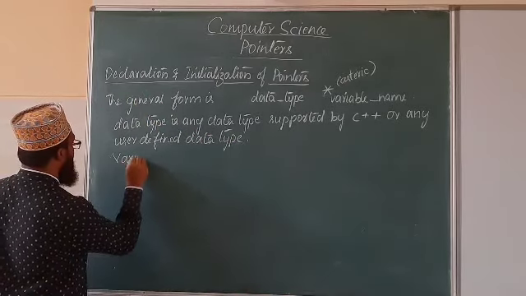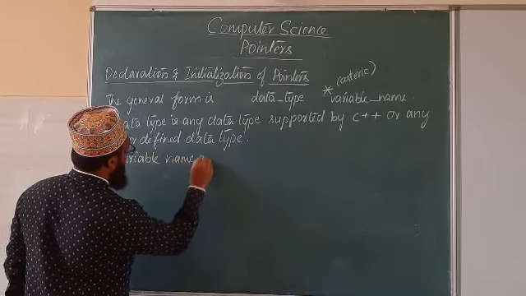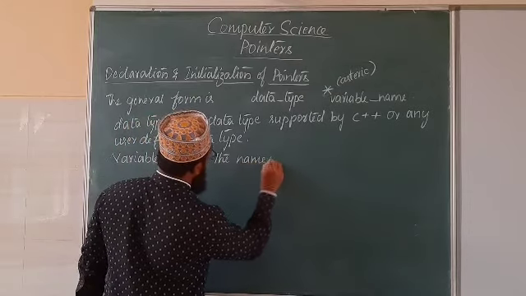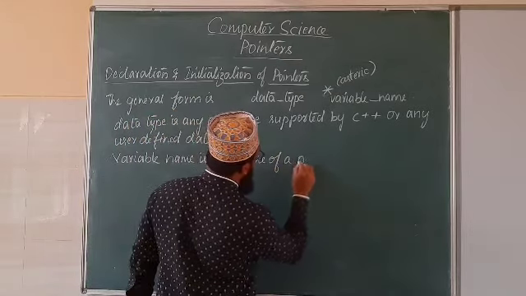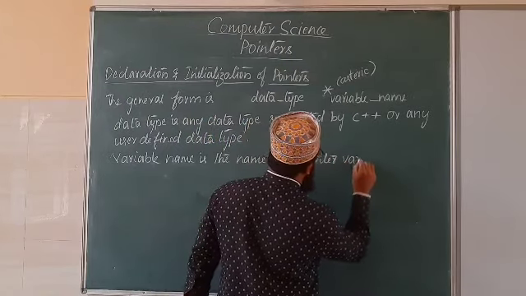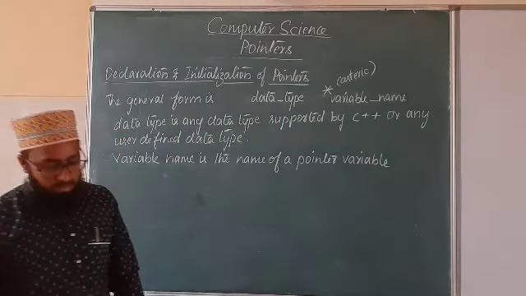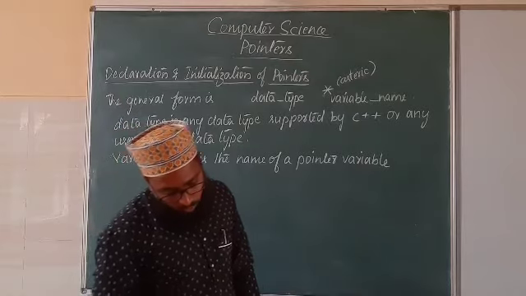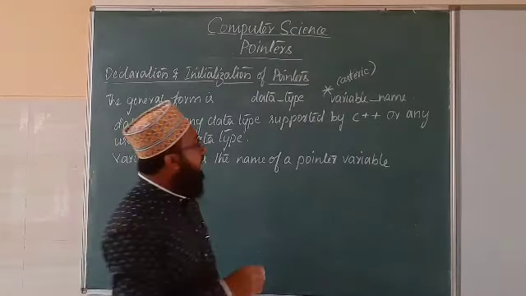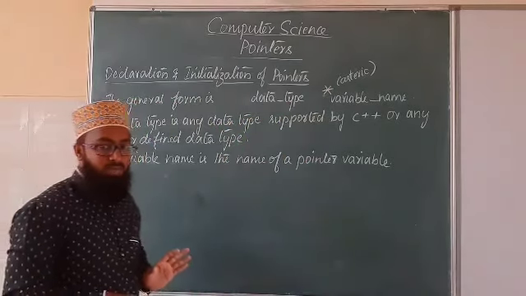Variable name is the name of a pointer variable. And how can we understand that the variable is a pointer variable?